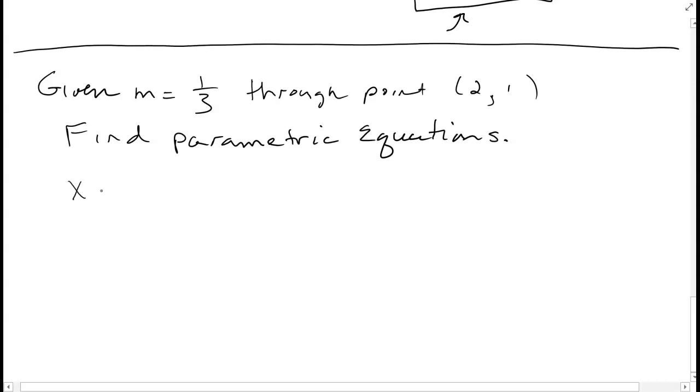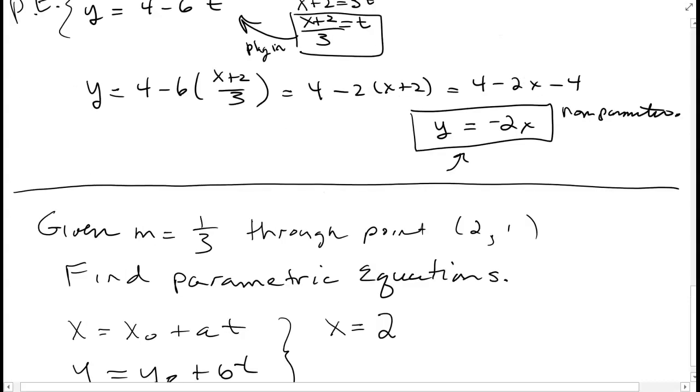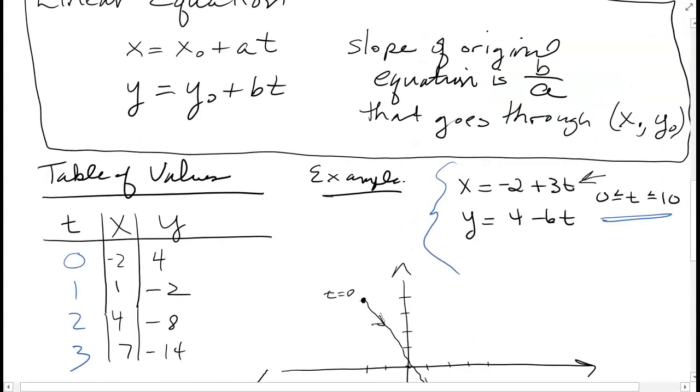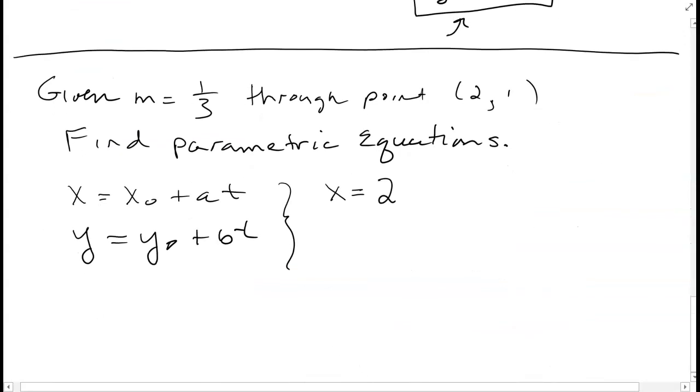Okay, just use your formulas. X equals x sub o plus at, and y equals y sub o plus bt. So what does that mean? Well, that would be x equals, what's the x value? 2. All right, remember slope 1/3. Let me go back up to the formula here, right? B over A. So slope is represented as B over A. In other words, you want the change in x part.